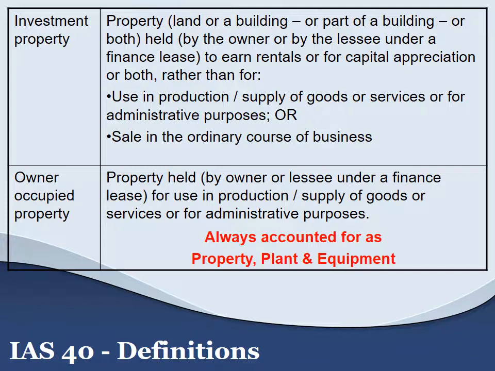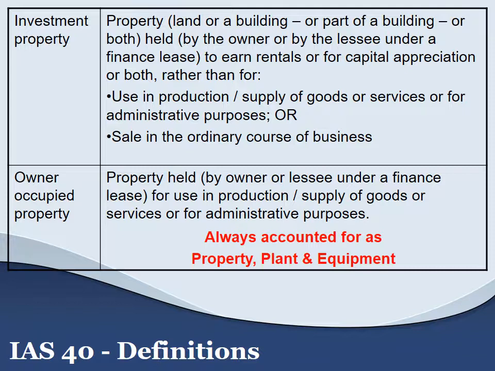You make a call in terms of which one you're holding it for, as opposed to buying into a building with the intention of using it yourself, so for use in the production or supply of goods or services, or for admin purposes. If I was using a building for production or administrative purposes, then that's an owner-occupied property, and that must be dealt with as part of property, plant and equipment under IAS 16.